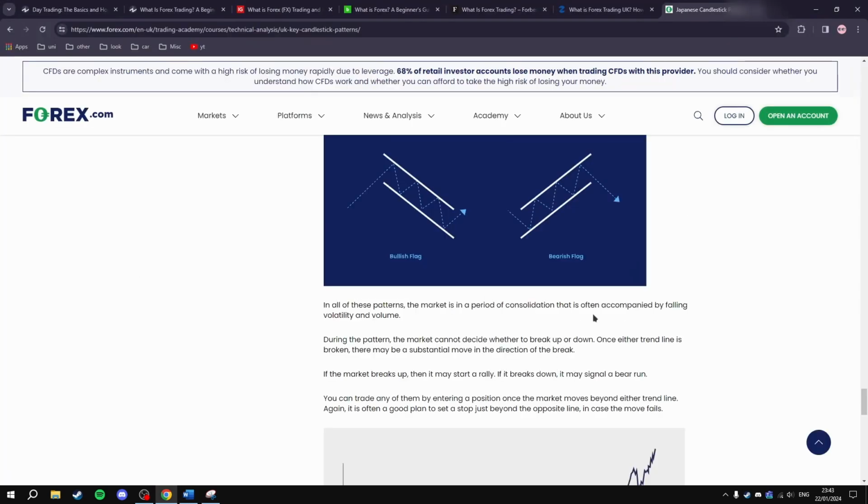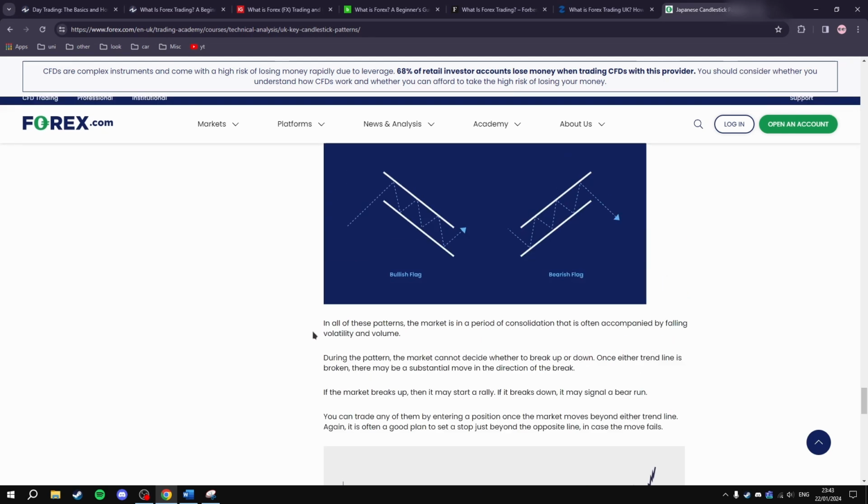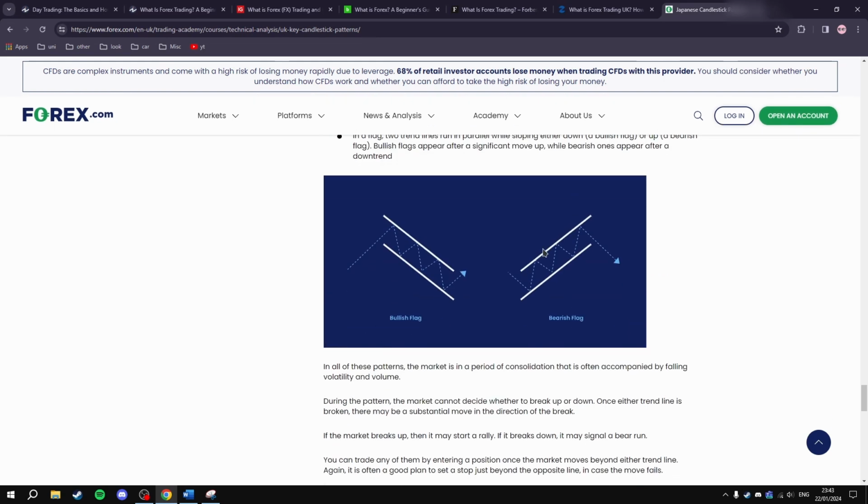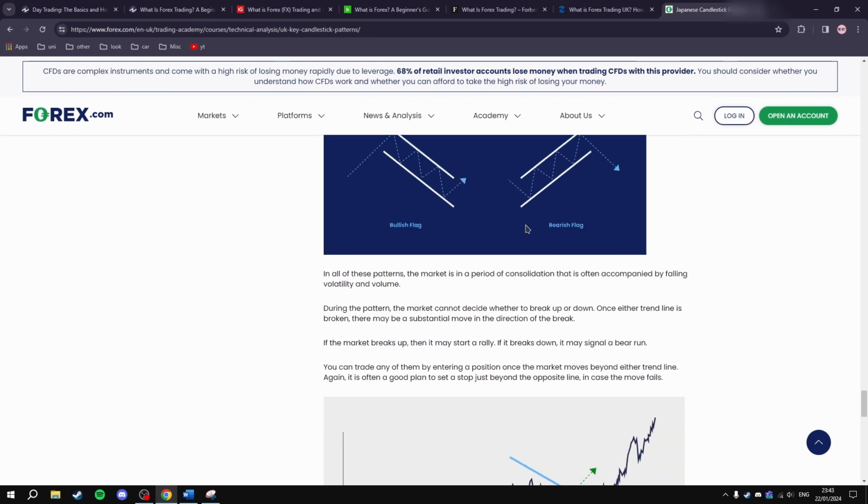During the pattern, the market cannot decide whether to break up or down. Once either trend line is broken, there may be a substantial move in the direction of the break. If the market breaks up, then it may start to rally. If it breaks down, it may signal a bear run. Bear run, aka going downwards. Oh no, going up. No, going down, sorry, because it slopes down.